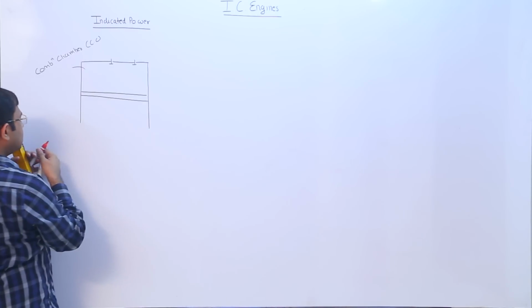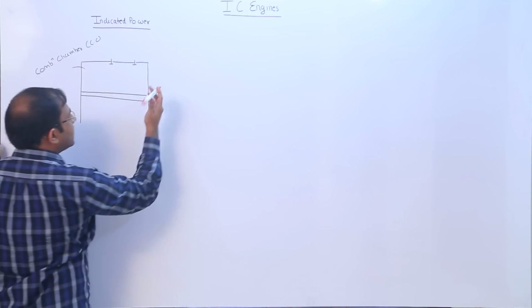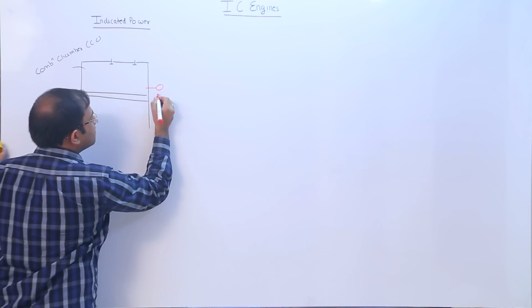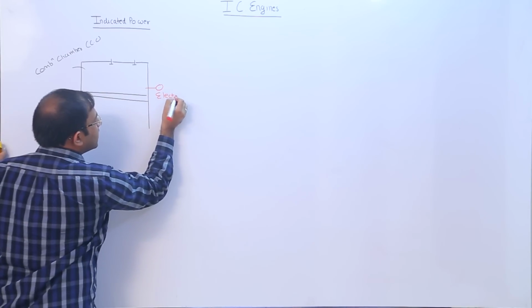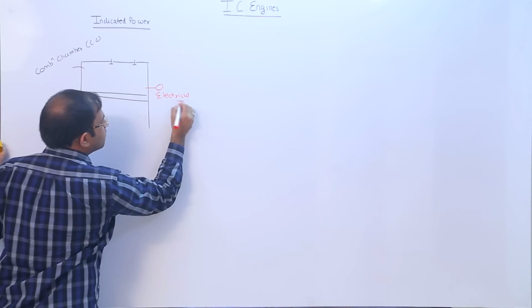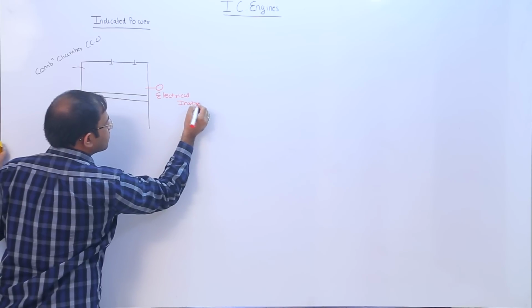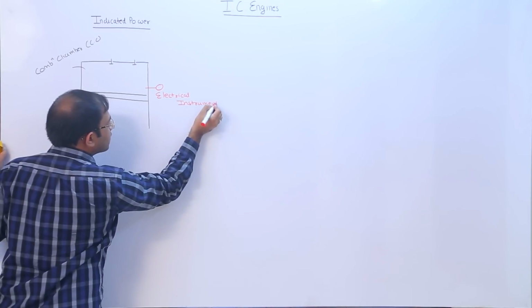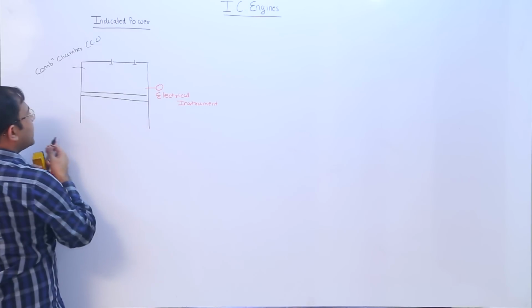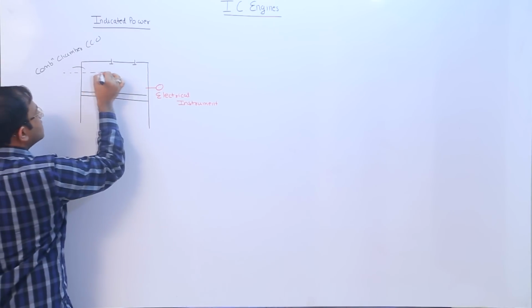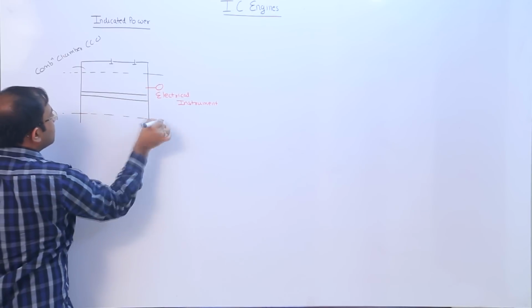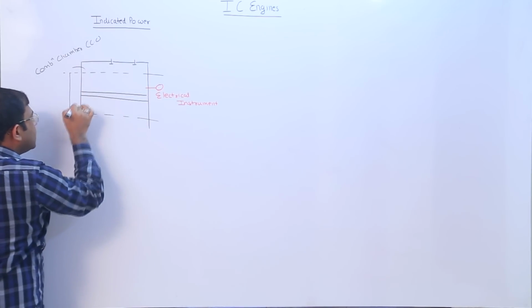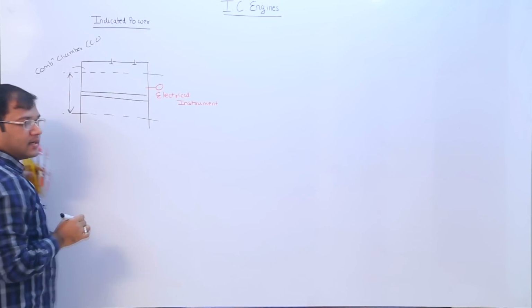Now see students, what I do is that here I attach some electrical instrument. And we know that the piston is continuously reciprocating between top dead center and our bottom dead center.